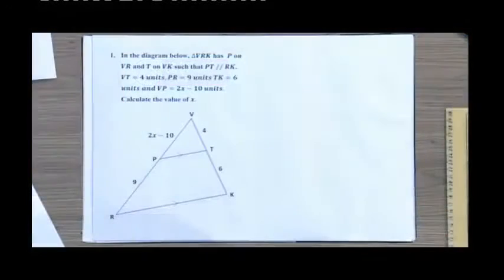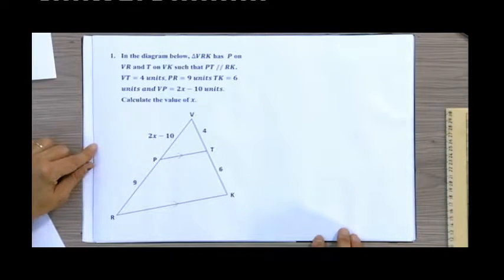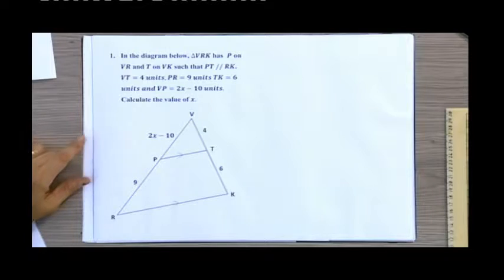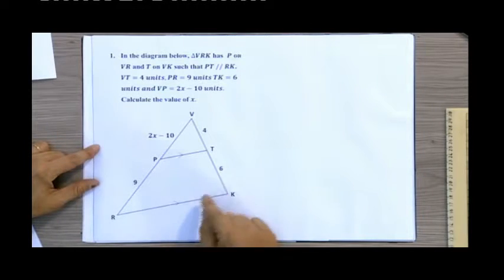Now let's have a look at one sum quickly so that you have that understanding. It says, in the diagram below, we have triangle VRK. What's given to us?